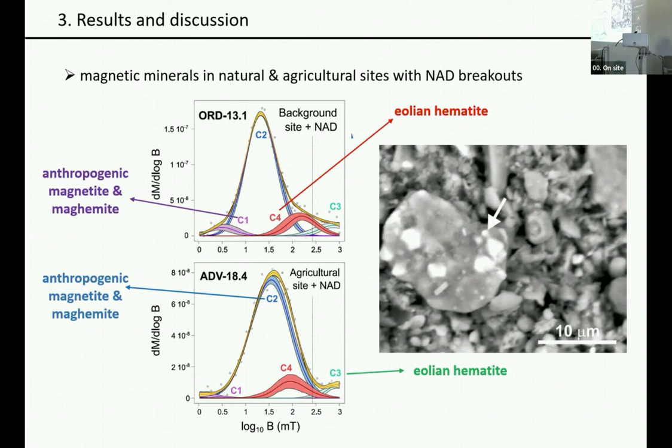In this case, in addition to these C1 and C2 components associated to anthropogenic magnetite, we could see a component C3 associated to hematite and also a fourth component which is also associated to a different grain size or whatever of hematite. And in this case, we had enough material to provide clear proofs from the images that this hematite was associated with other particles forming aggregates that are typical for aeolian dust.